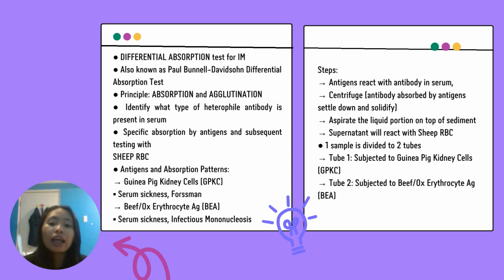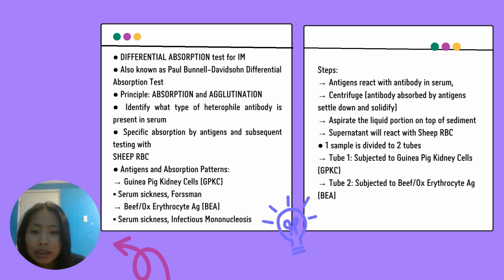If the supernatant from the beef erythrocyte antigen incubated aliquot agglutinates the sheep red blood cells, it indicates that Epstein-Barr virus associated antibodies were not absorbed by the beef erythrocyte antigen and are therefore present in the serum. And this suggests that the patient has infectious mononucleosis.